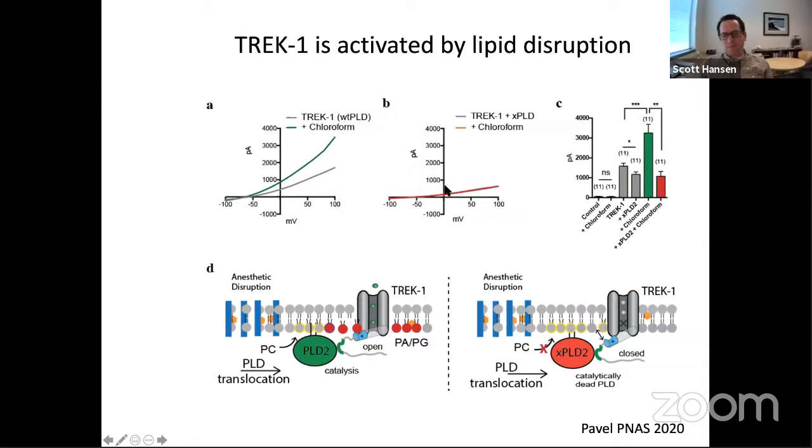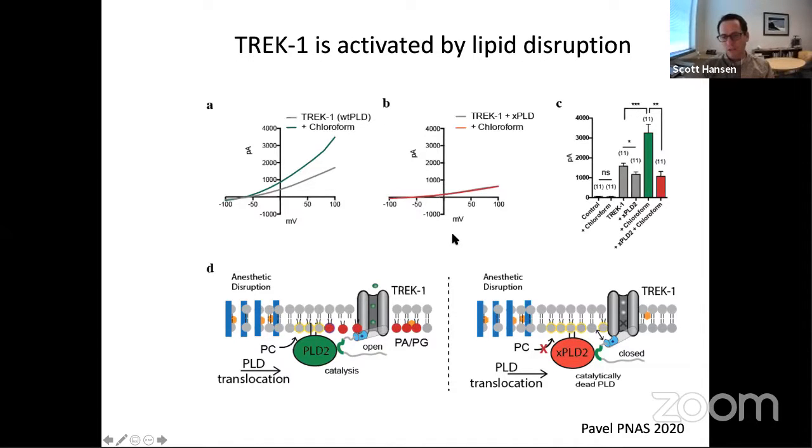And we see that there's absolutely no current at all when you have a catalytically dead PLD. This demonstrates that the activity of the channel is completely dependent on PLD being there and on this lipid being produced. It shows that even if the anesthetic can bind the channel, it's completely dependent on disruption of the lipid raft and PLD coming out, because you have to have PLD.